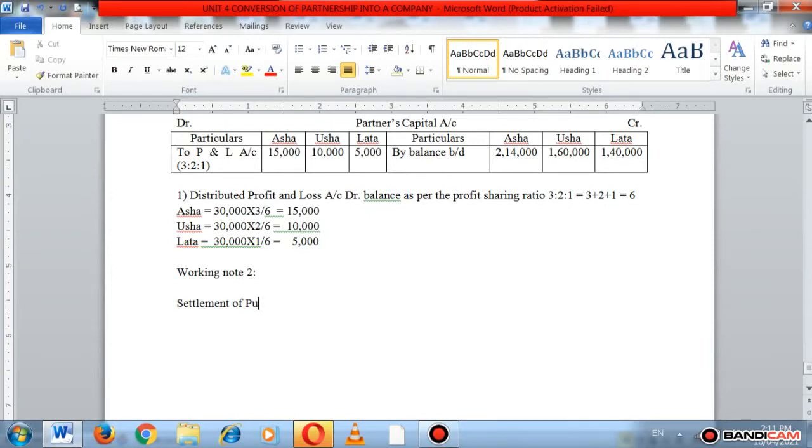Working note second, that is settlement of purchase consideration, or in another word, payment of purchase consideration.